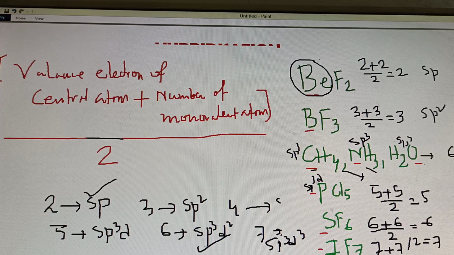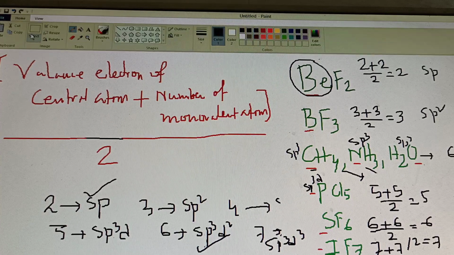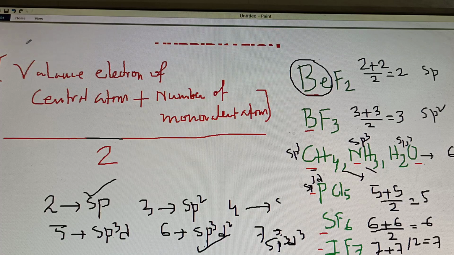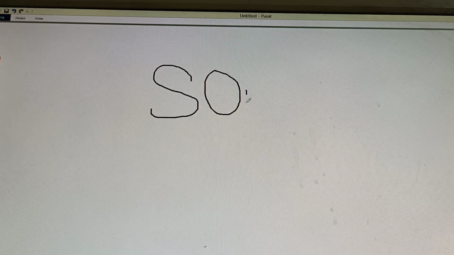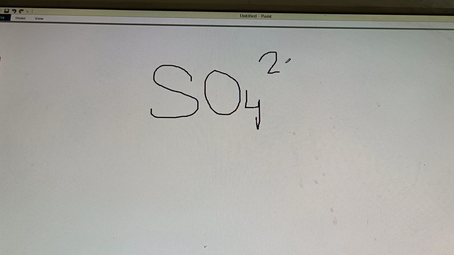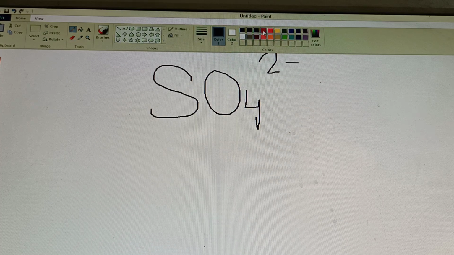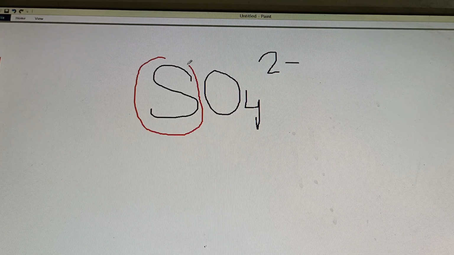Clear? Okay, now finally we discuss some charged species. Suppose SO4 2 minus. What is the hybridization of SO4 2 minus? Here the central atom is sulfur, right? What is the valence electron in sulfur?